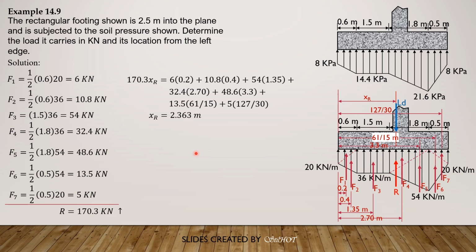So solving for XR is equal to 2.363 meters. So we say that the load is 170.3 kilonewtons downward, and it is located at 2.363 meters to the right of the left edge.